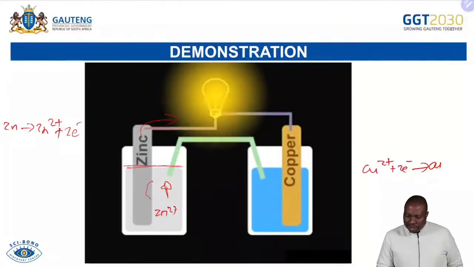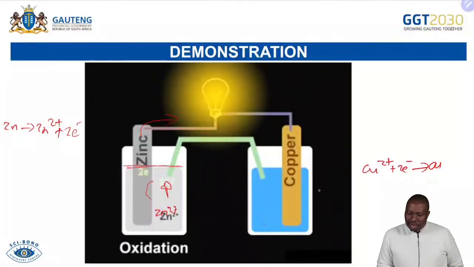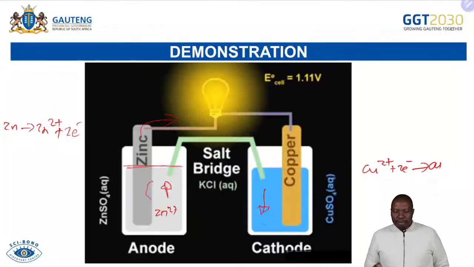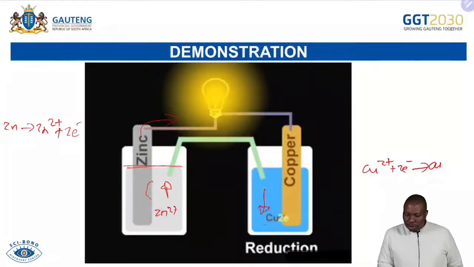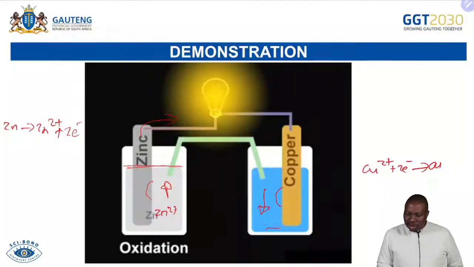When you come to the cathode side, the electrons reacting with copper 2 plus means this solution's concentration won't be 1 mole per cubic decimeter forever, because it is decreasing. When copper 2 plus gains electrons to form copper, the copper will increase in mass, but the concentration of the electrolyte will decrease.